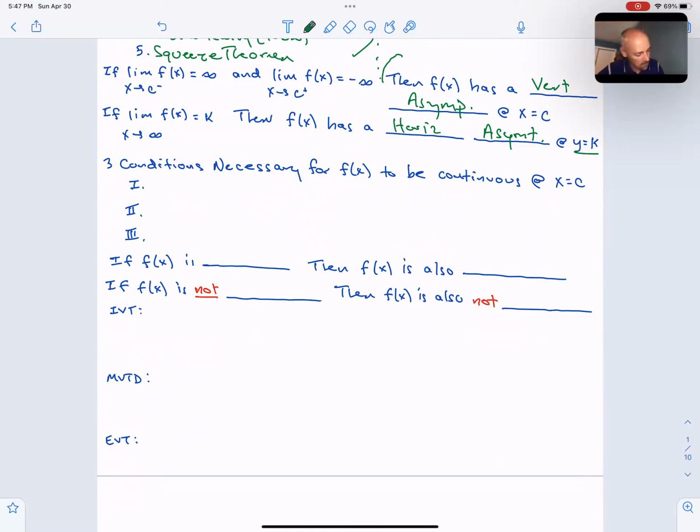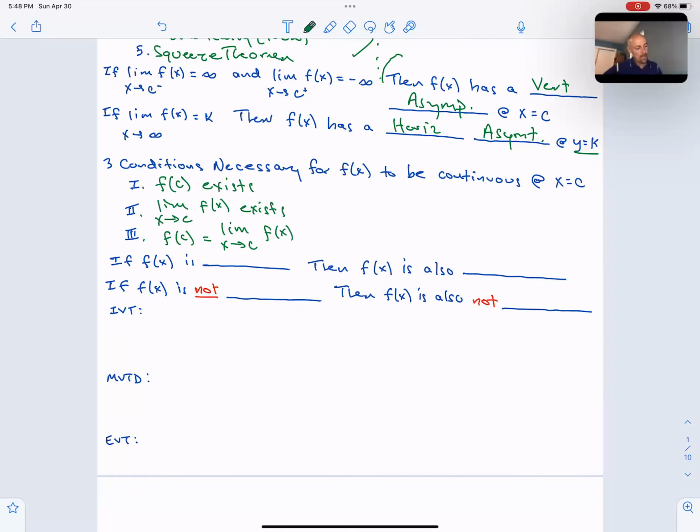All right, so the first condition is that the function's defined at that particular x value c, so f at c exists. Second one is the two-sided limit as x approaches c of f of x, that exists. And the third condition is those two have to equal each other. If they both exist and they don't equal each other, then we've got a hole at x equal to c.